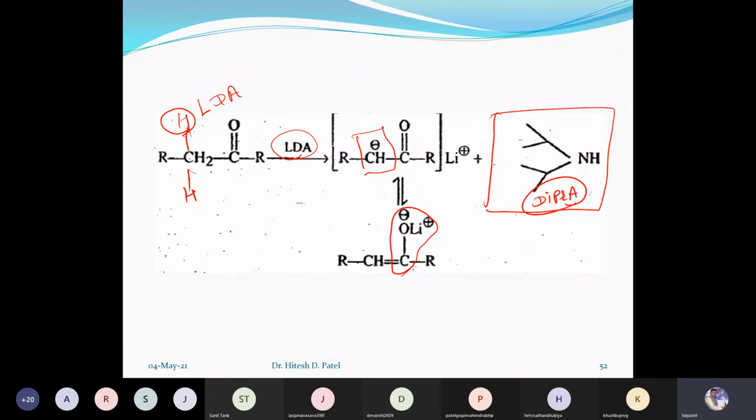And this diisopropylamine we can use for the preparation of LDA with the support of butyl lithium. We can again get it. So this is the advantage of this reaction. Whatever amount of LDA we are using, that LDA will convert into diisopropylamine, and that diisopropylamine by treatment with butyl lithium will again convert into LDA.